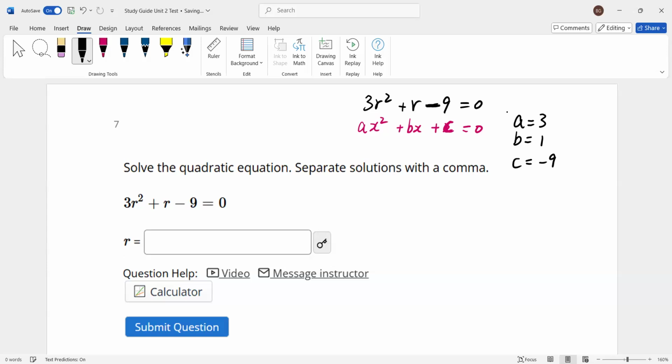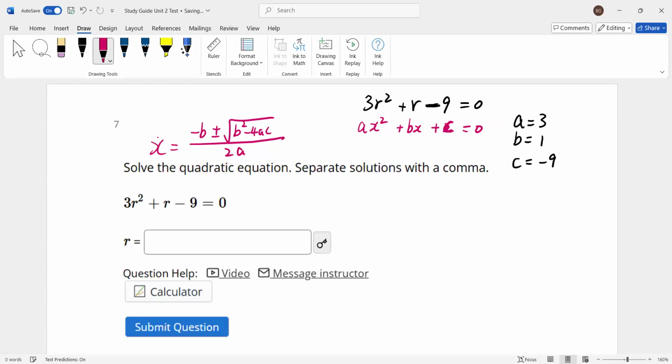It's negative 9, all right? So once we have a, b, c, do not rush to plug into the formula yet. The formula is x equals negative b plus or minus the square root of b squared minus 4ac, all over 2a. Remember we have a sum, right? If that helps you memorize the formula, it's very complicated.